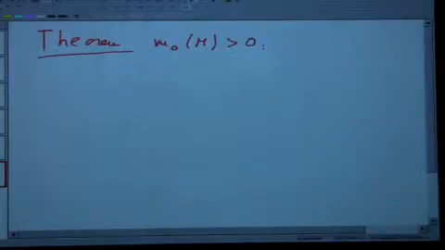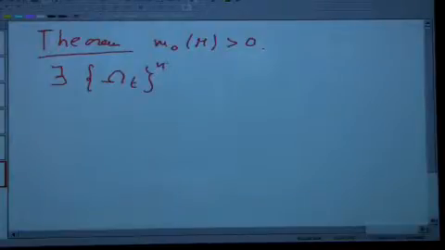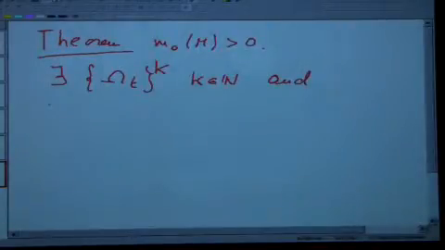And then there exists a sequence of sweep outs and a sequence of slices in the sweep out, so a sequence of parameters tk, such that the following holds.